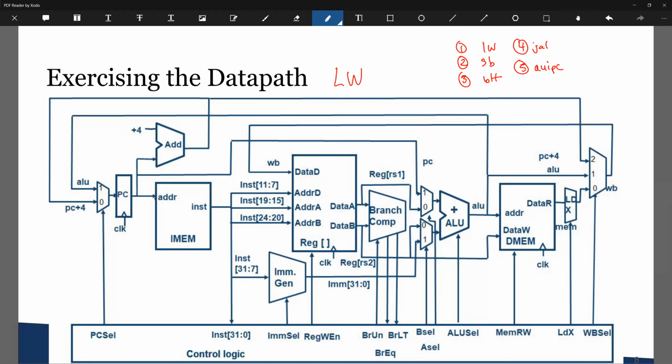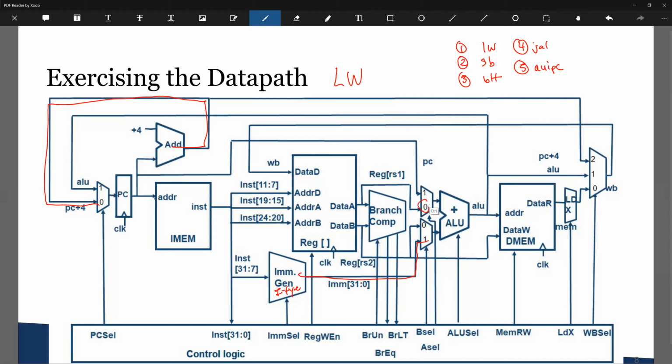Load word. Okay. Well, the PC goes +4 because you just move straight to the next instruction. So PC +4, right? Okay. And then for the immediate select mux, you select the one from the I type. Cool. And then for the A select, you select from the register.